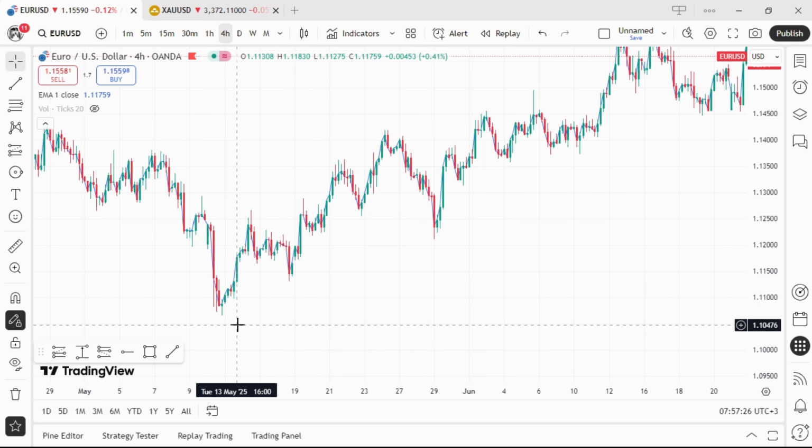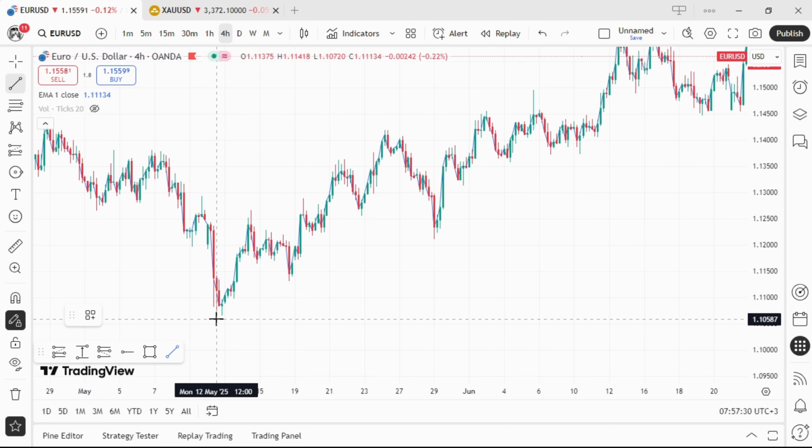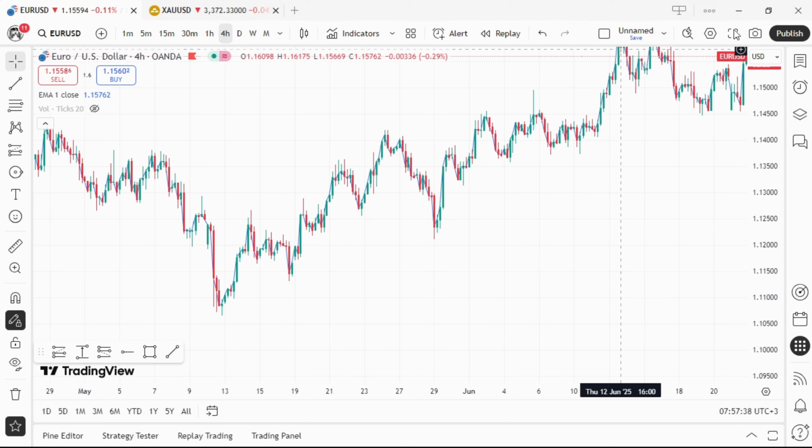When you're doing trend lines, you'll have to try. Remember, you can already see the market is moving upwards. Generally the market is going upwards, so you need to find your trend line.